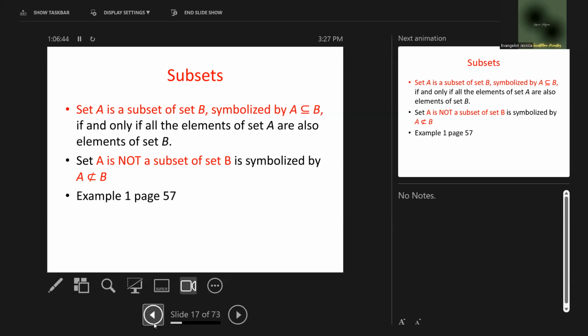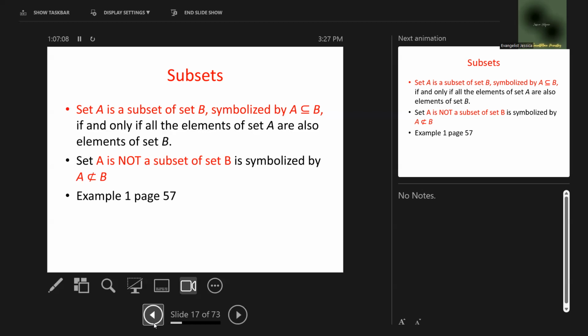Number B has members 1, 3, 5, 7, 9, and 11. Should we write that it is a subset or that it is not?